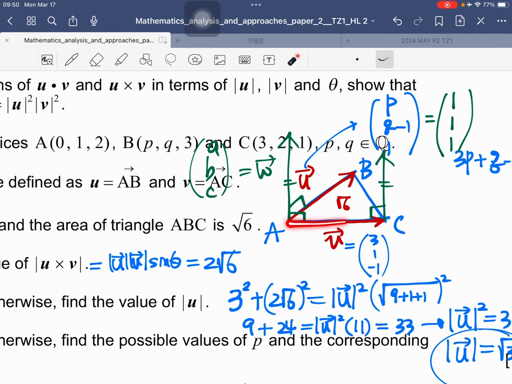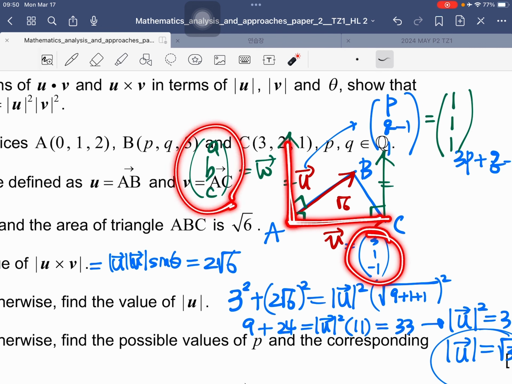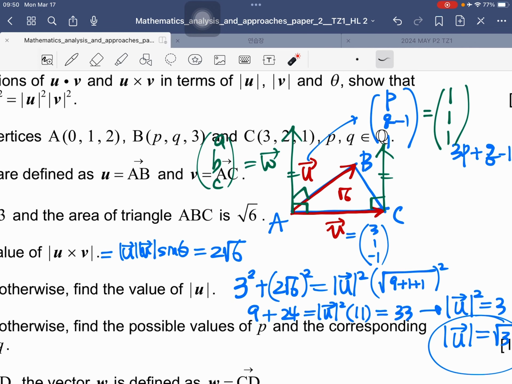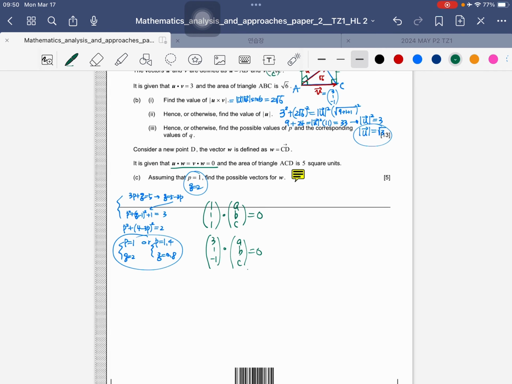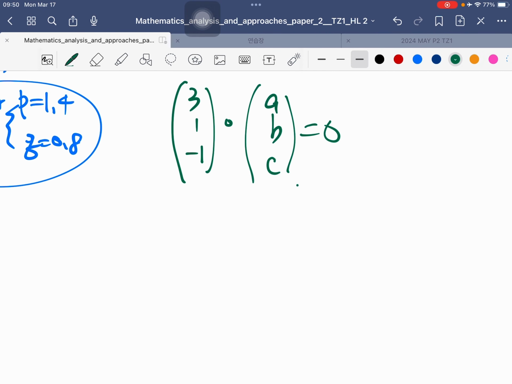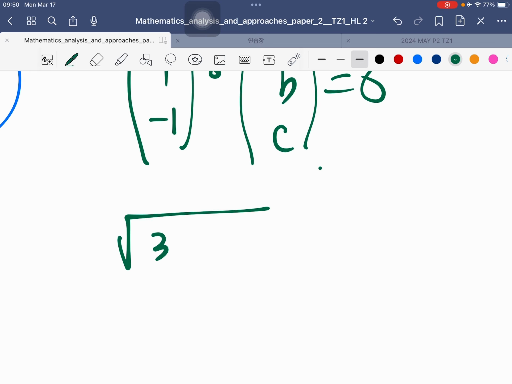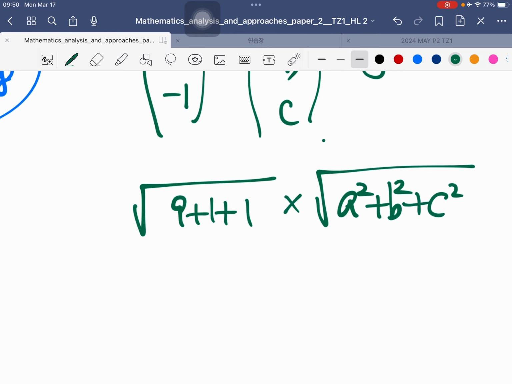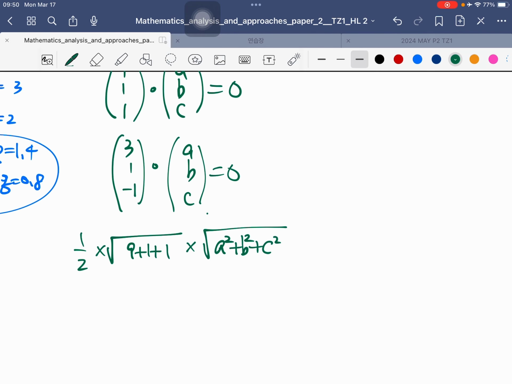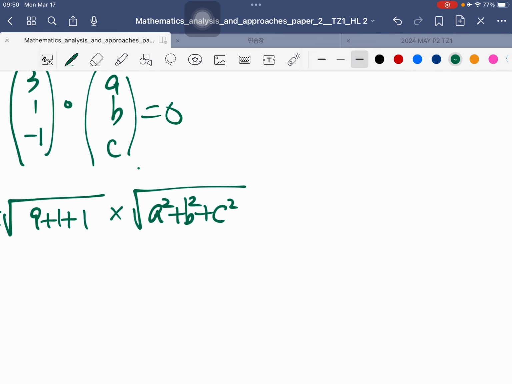The base distance is the length of the V vector, and the height is the length of the W vector. So the third condition: the base vector is 3, 1, negative 1, so the square root of 3 squared is 9, plus 1, plus negative 1 squared is 1, times the height, the square root of A squared plus B squared plus C squared, times 1/2. This is the area of the triangle, which is 5 square units.